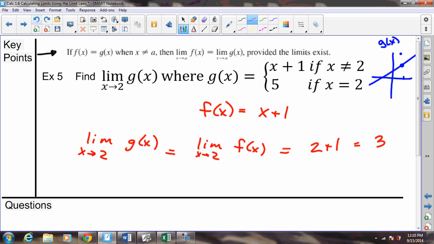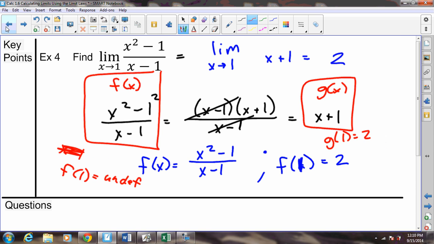That is not the function value in g. But we don't care about the function value in g, we care about the limit value. And the limit of g is the same as the limit of f, which is equal to 3. This property will let us do problems like this, and more importantly, it lets us do pieces like this last one where we cancel out pieces that don't match up.